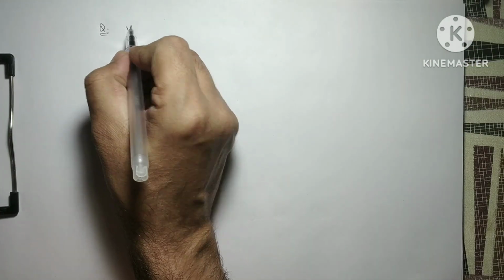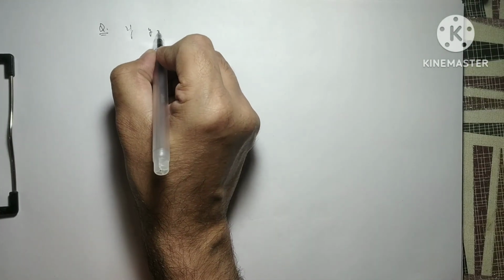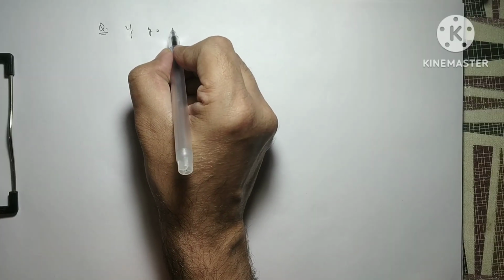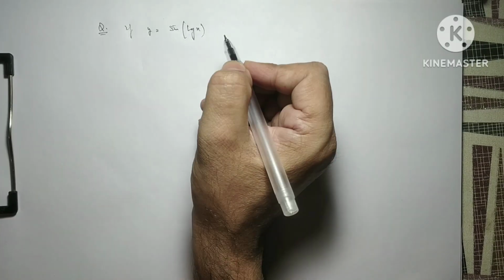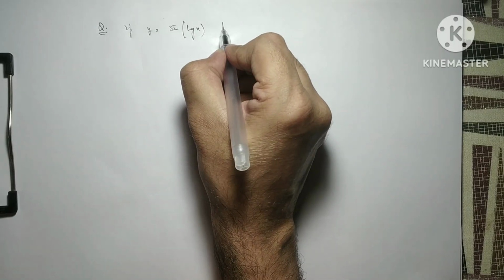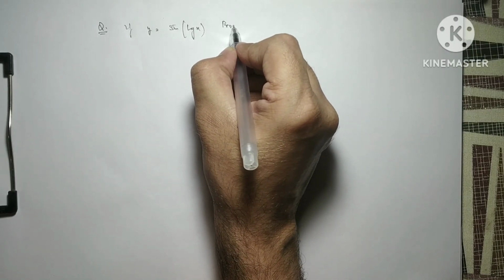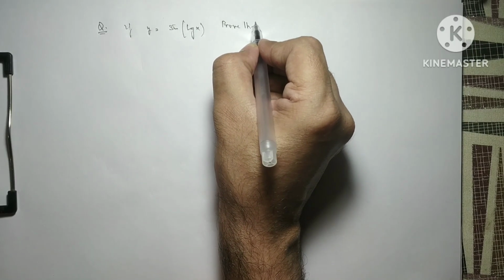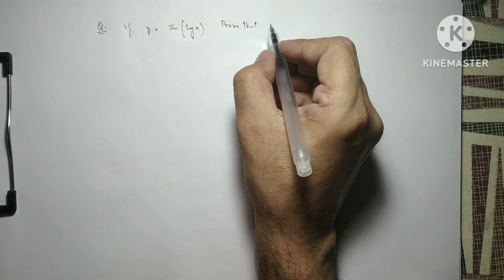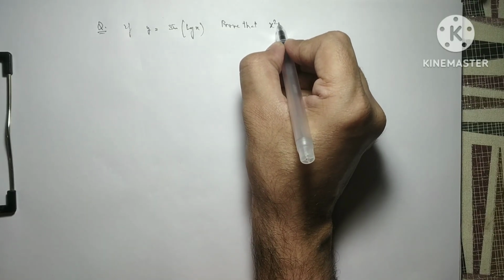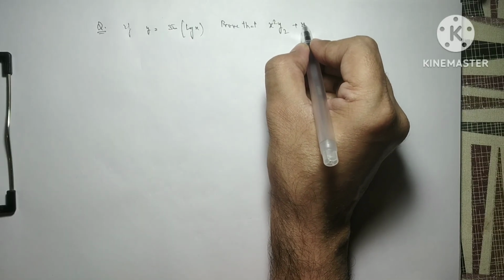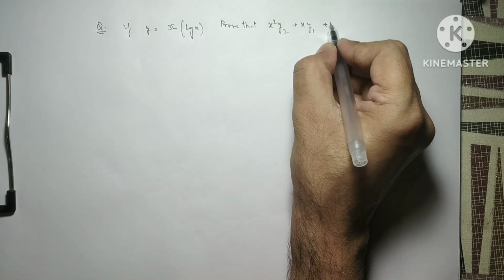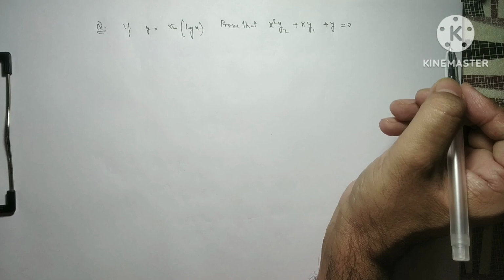If y equals sine of log x, then prove that x square y2 plus x y1 plus y equals 0.